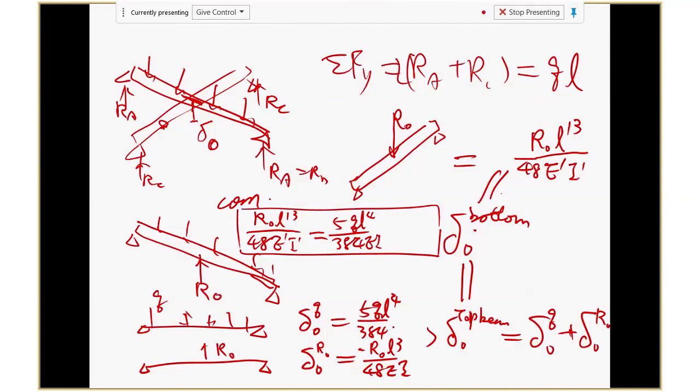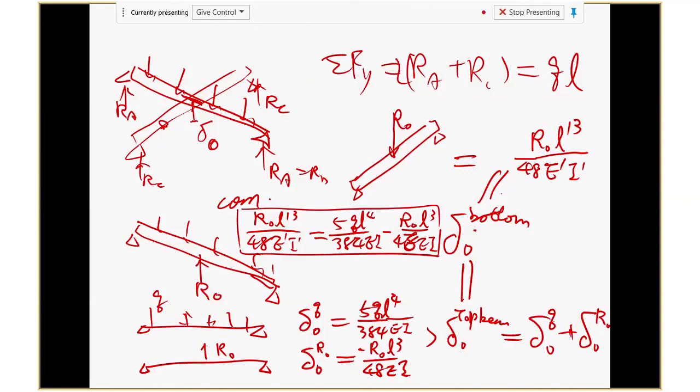Here I forgot to put the EI, right? And then plus your R0 L cubed over 48 EI. That's the compatibility equation. Right? Does everyone agree this is the compatibility equation?